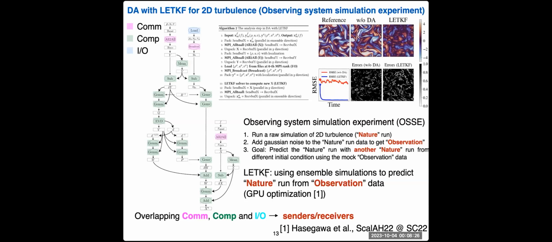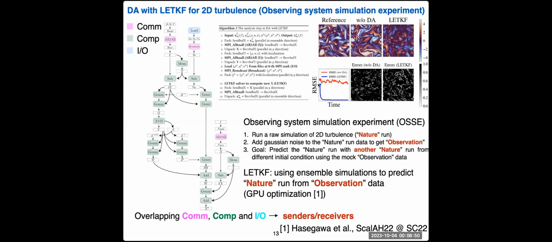In this LETKF, we use the ensemble simulation to predict the nature run from the observation data. Actually, the GPU optimization of the LETKF solver was presented in 2022 with Hasegawa-san. And in order to demonstrate the power of data simulation, we have compared the reference case without data simulation and the case with LETKF.